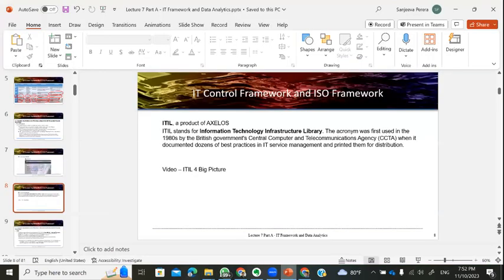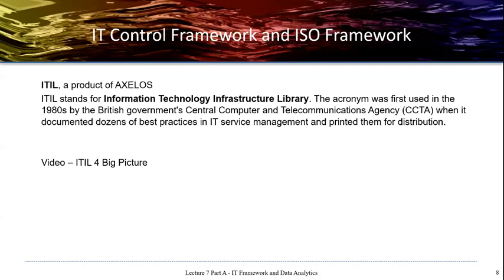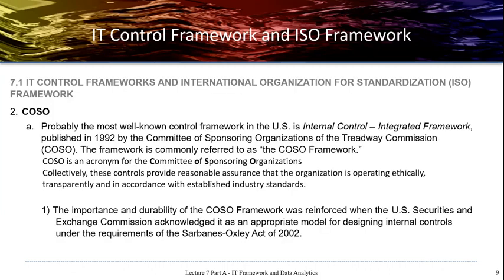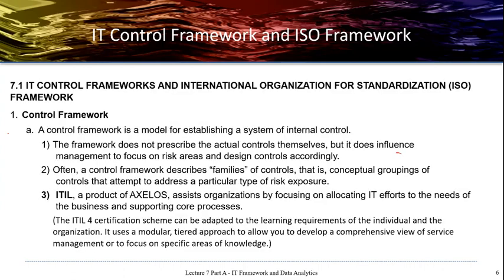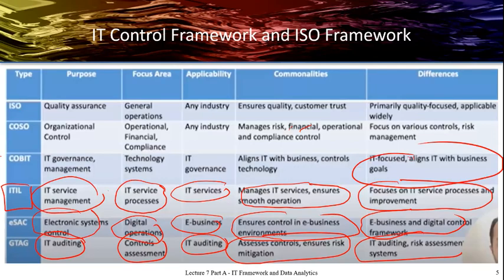You got a big picture of ITIL. It's a service management standard. So now let's look at the COSO. The COSO framework is for organizational control. Here you can see organizational control.